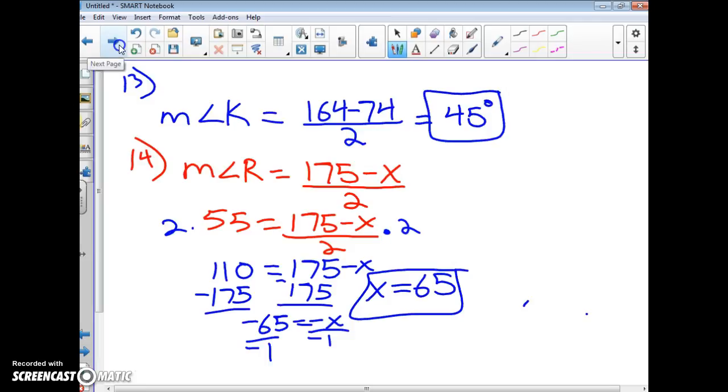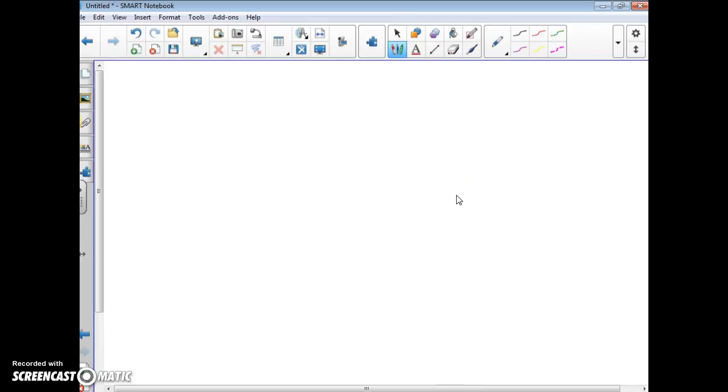Number 15, I have to know a property that says opposite angles in a quadrilateral are supplementary. So I'm going to use my answers to my advantage in this particular problem. First I'm going to set up the two equations that I've got.